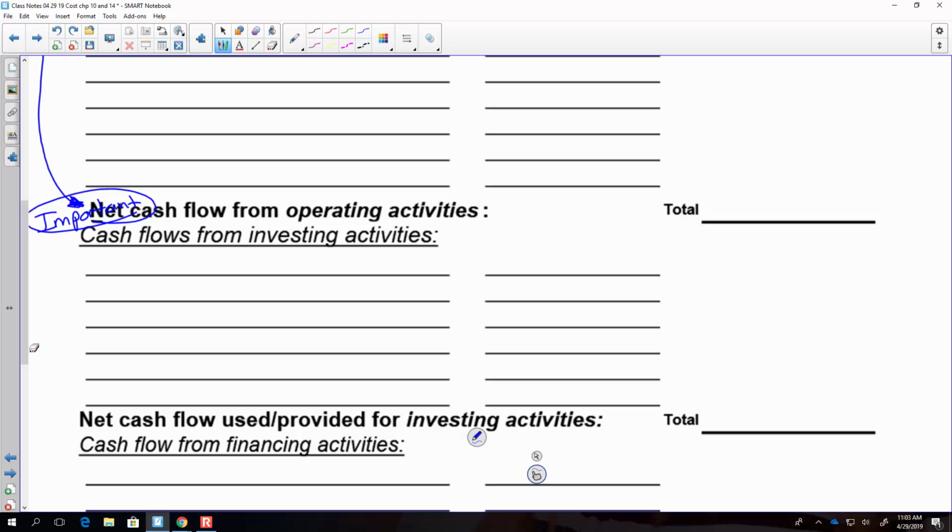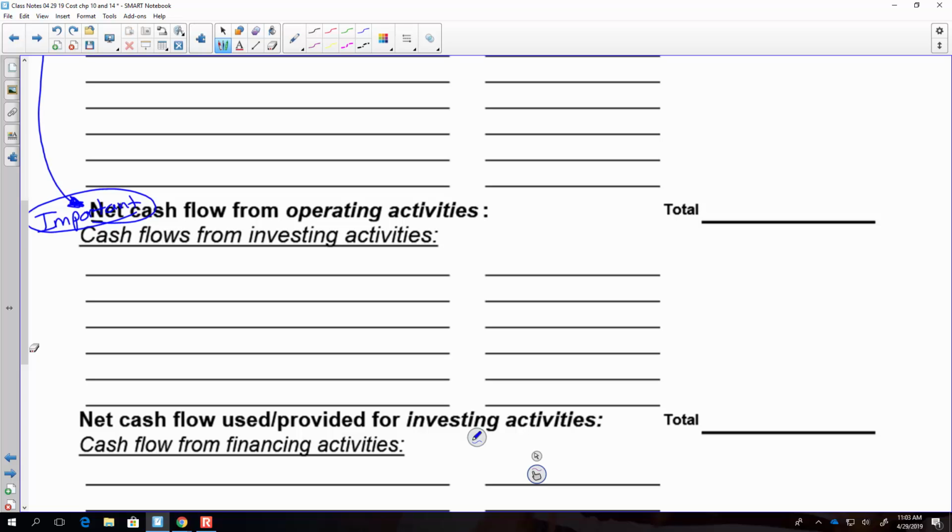Well, yes, but what does this number tell the bank? How much money you're getting from your business, from your sales of your product or your service that you're providing to your customers. Are you able to make money on it? And is it adequate enough to pay back the loan that you're going to get from the bank?